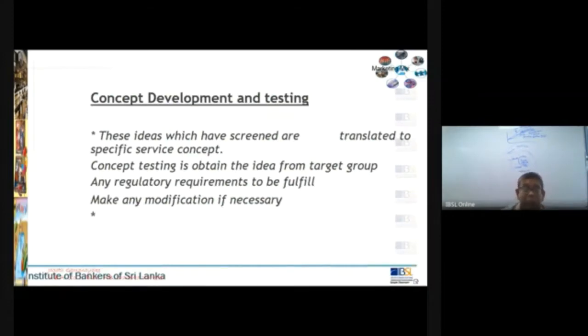Now you develop your concept based on the screened ideas. Then you come up with what things we are going to offer, some concept, my product like this. And also during this time, you can further test this idea.